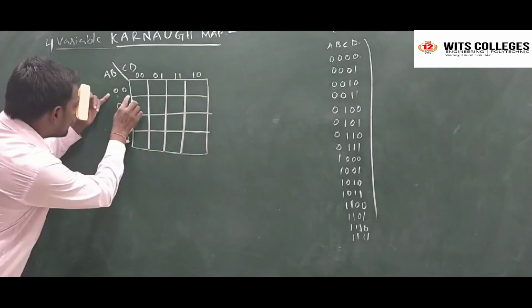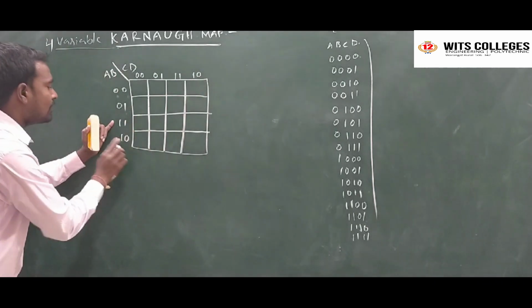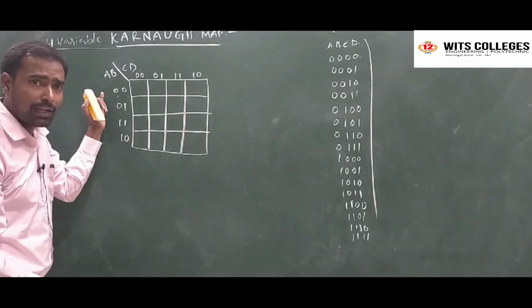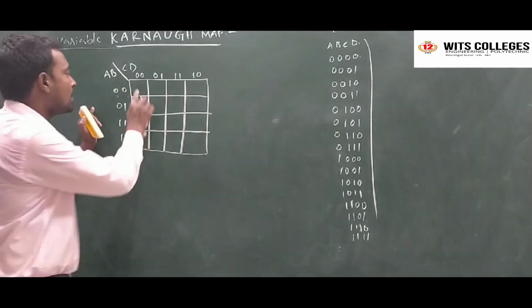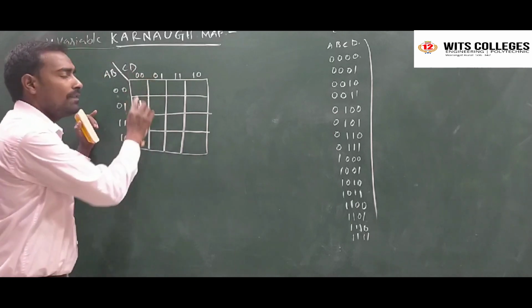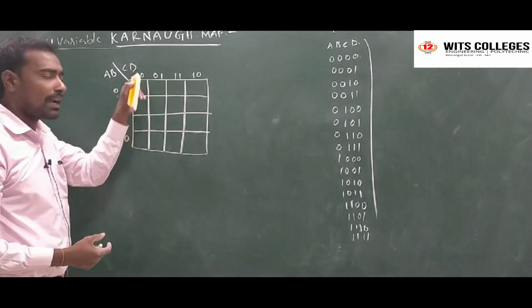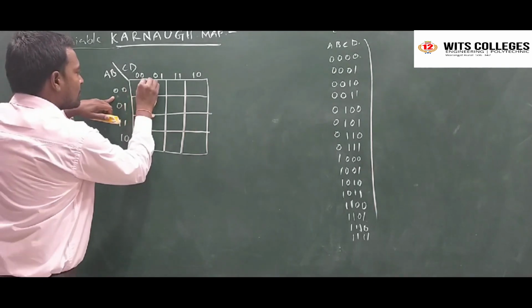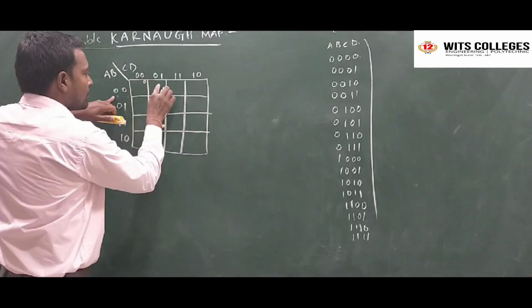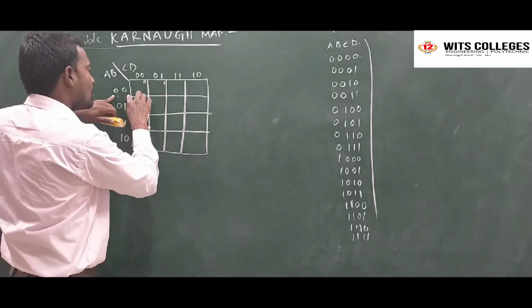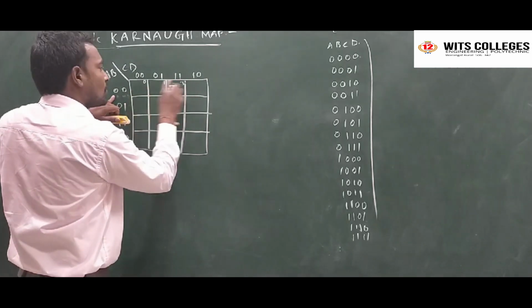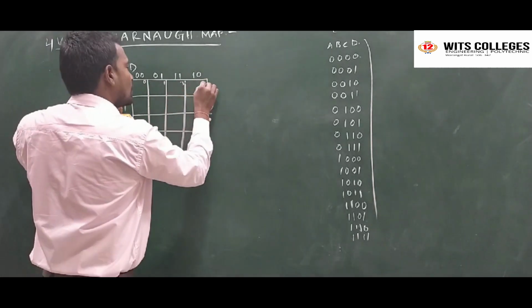This 0 0, 0 1, 1 1, 1 0 represents the AB value in the complement or actual variable. Coming to this side, the CD values are represented in the actual value or complement value. So 0 0 0 0 is equal to 0 and 0 0 0 1 is equal to 1 and 0 0 1 1 is equal to 3 and 0 0 1 0 is equal to 2.